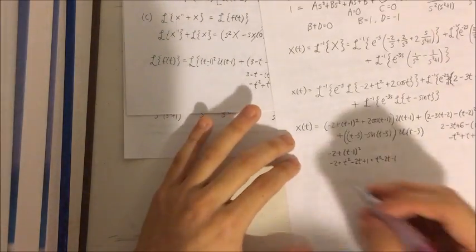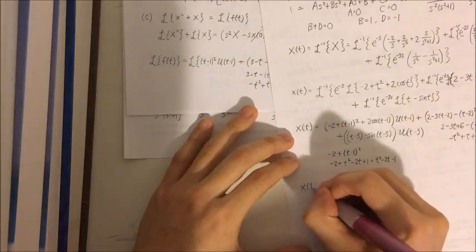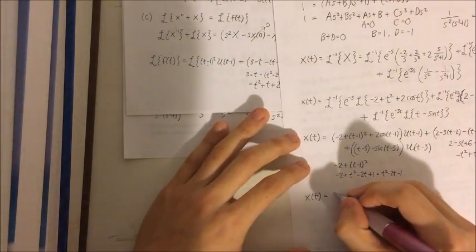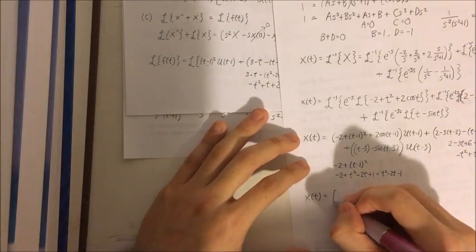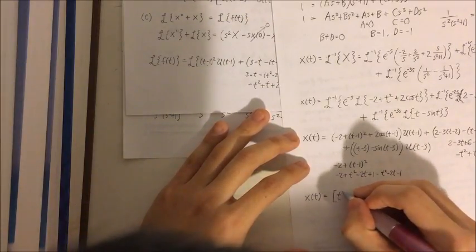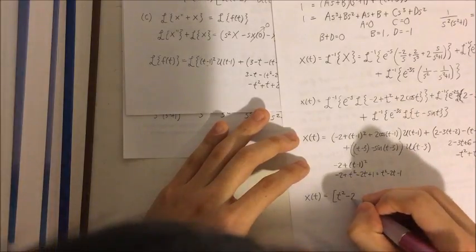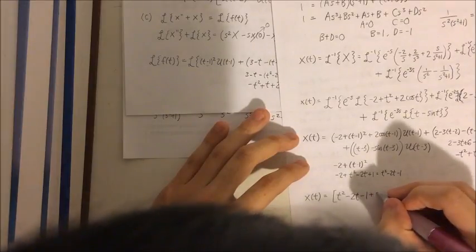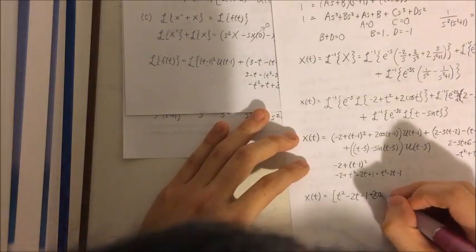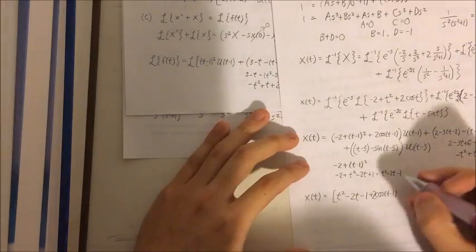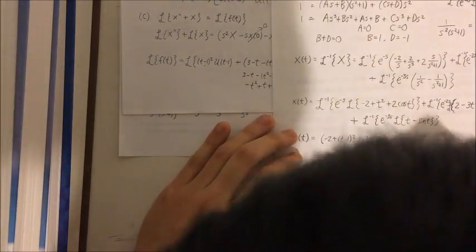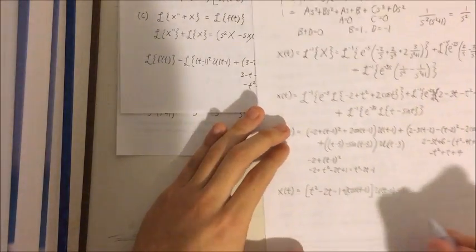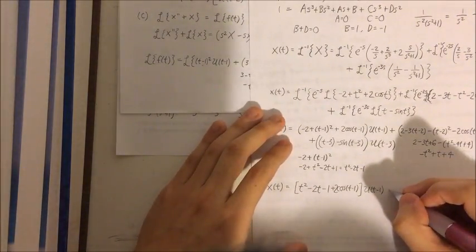So it might have been a bit messy, but let's rewrite it here one last time, finally, once and for all. Let's write in brackets to make the thing clear. Plus 2 cosine of t minus 1, u of t minus 1. So the solution is going to turn on this function at time t equals 1.